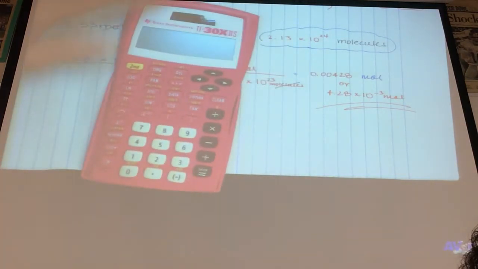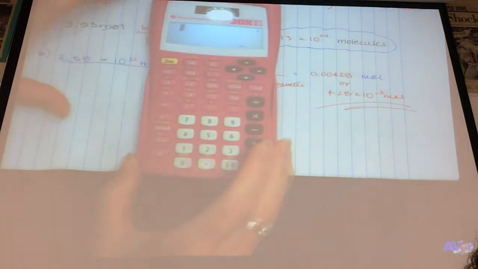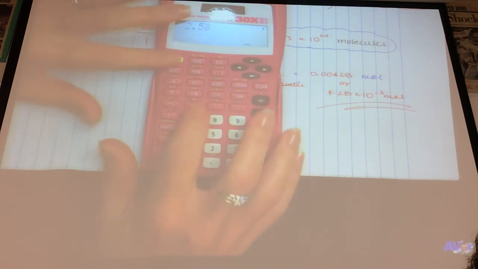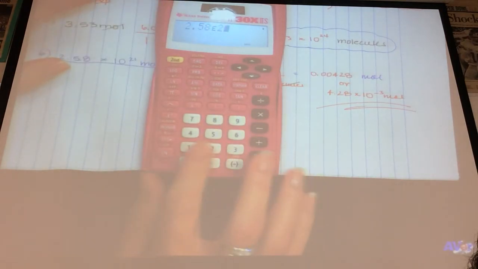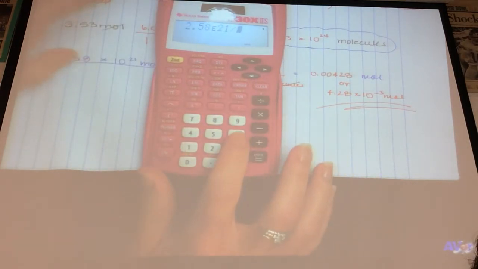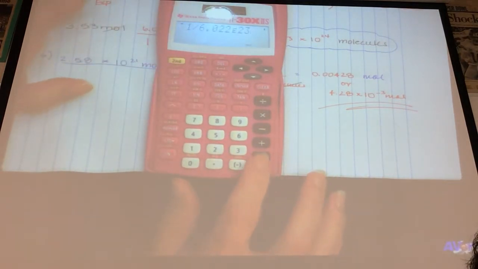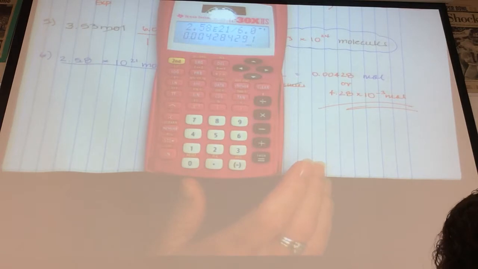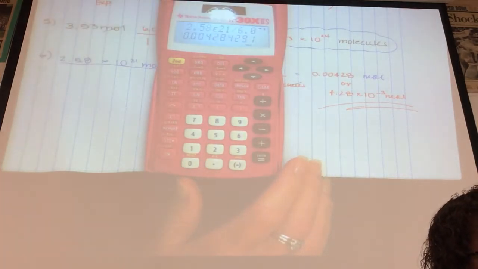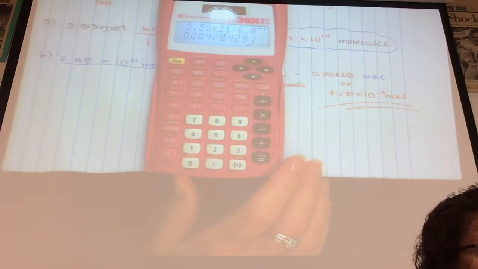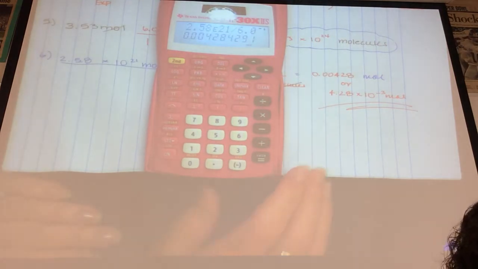So in this calculator here, you have 2.58 EE21 divided by 6.022 EE23 equals. If you have a multi-view, that denominator has to be in parentheses also. If you don't, then it doesn't.